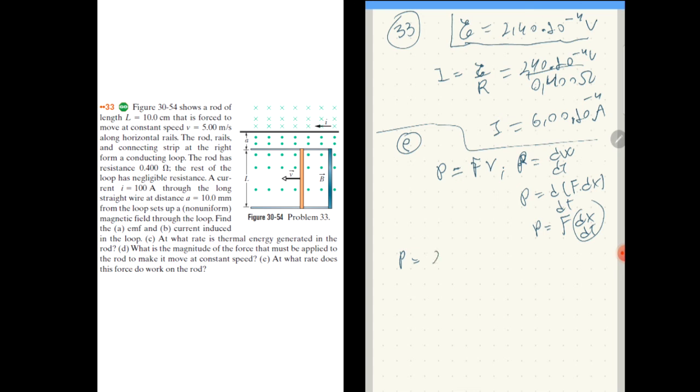So the force equals this thing, and the velocity equals this other thing, and you get a power of 1.44 times 10 to the negative 7 watts. So this should be the right answer for letter A.